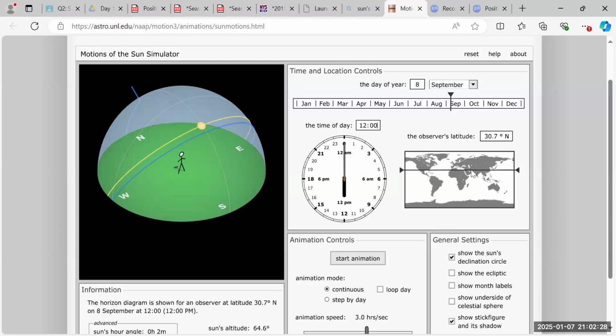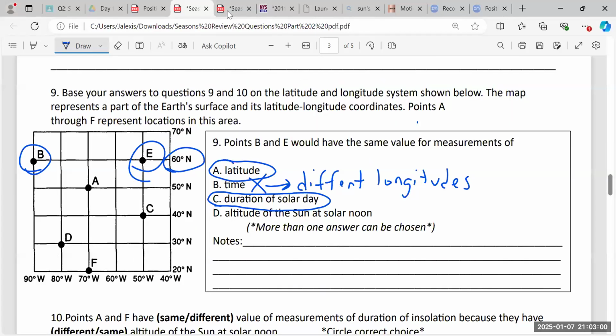It doesn't matter whether you're west or east of the prime meridian; the noon sun stays the same for that entire latitude. Even if I change it to 48.4 degrees north, that entire latitude, whether it's degrees west or degrees east, will have the same altitude of the noon sun. And so it'll be A, C, and D.